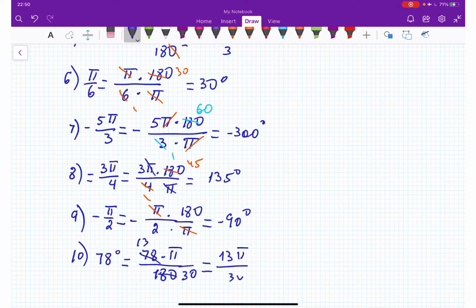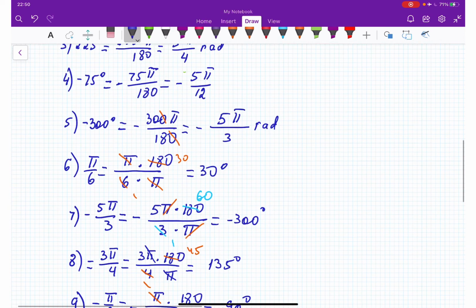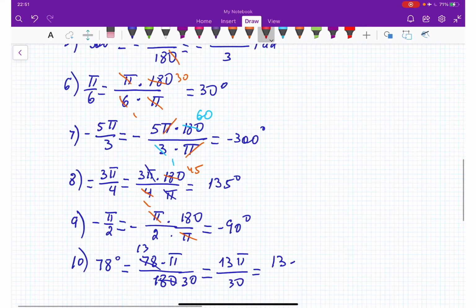And I'm getting 13 pi over 30, which means it's going to be equal to 13 times pi, where the length of pi is equal to 3.1416. Pi can be identified as 180 degrees, and in the format of length, 3.1416.